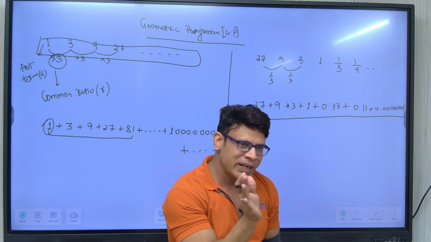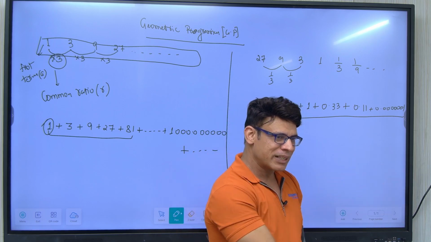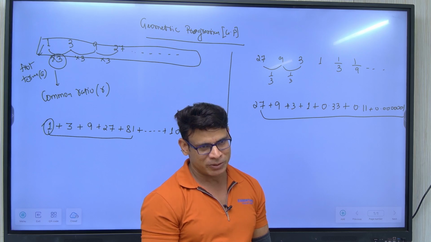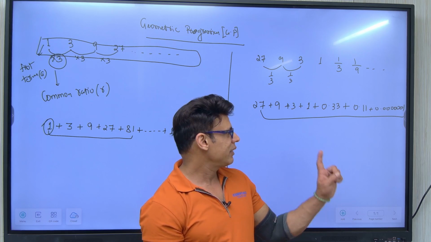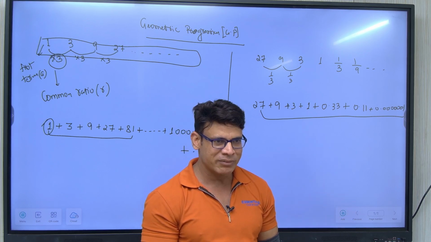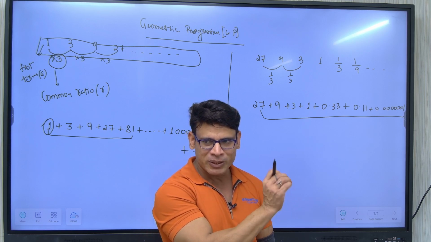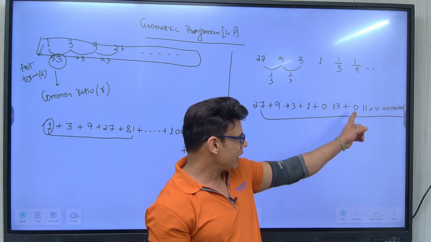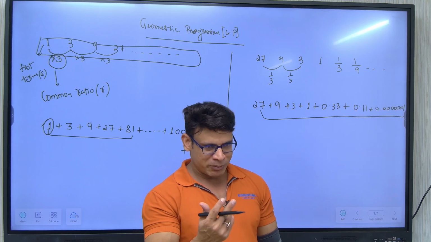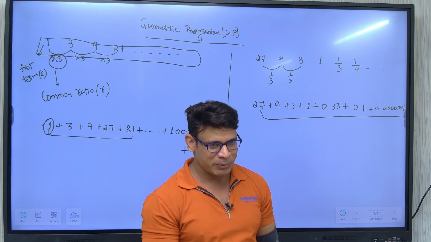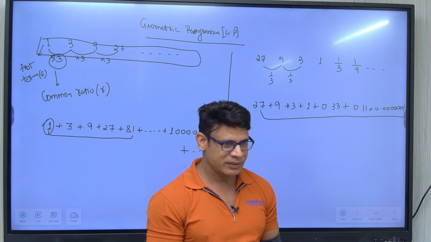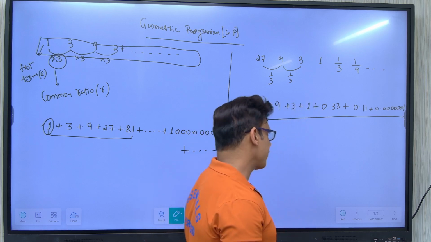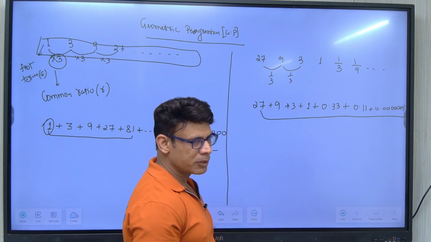So keep on adding small numbers, that will become what? As good as zero. So in cases where r is less than 1, numbers will become smaller. Here you can find the sum of infinite terms. क्यों? क्योंकि एक पॉइंट के बाद तुम्हारे अकाउंट में वो पैसा आया ना आया बात बराबर ही. Yes. So you can only find the sum of infinite terms when r is less than 1.